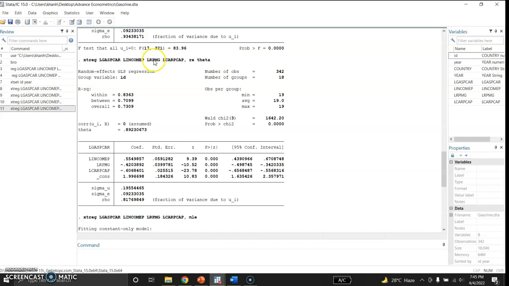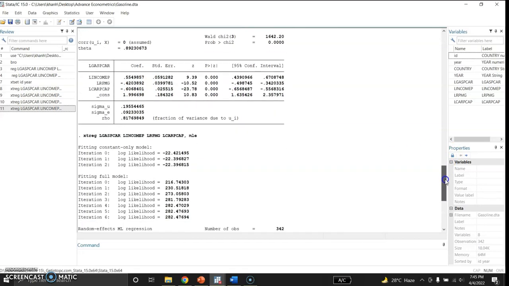This is real price of gasoline, and this is a natural log of car per capita. And after this comma, I have this command RE for random effect, and finally theta. And this procedure is known as the SWAR procedure. SWAR basically stands for Swamy and Arora. And again, the coefficients are different, but their algebraic signs are the same as before.